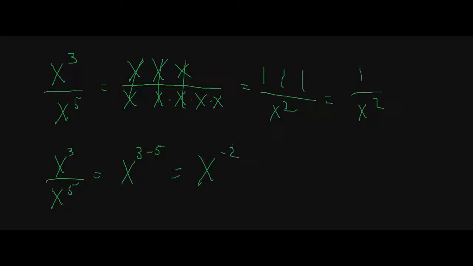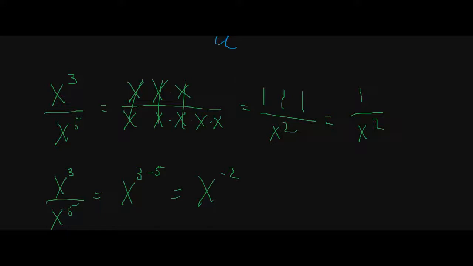Using the work above, x to the third divided by x to the fifth is equal to 1 over x squared, because we just did the work by expanding it out. And using the quotient property, we know it is the same thing as x to the negative 2.